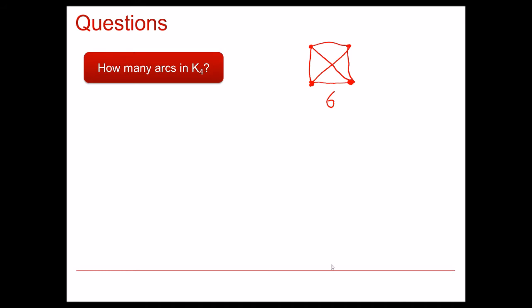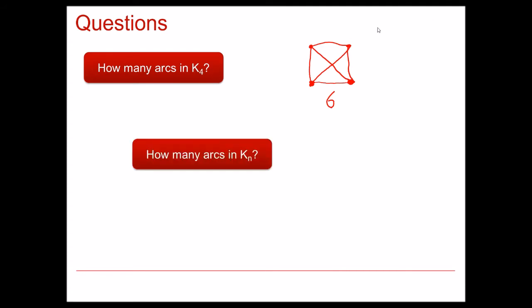What I want you to think about in a moment then is, what if we generalize this now to the graph Kn? If you have n nodes in a complete graph, how many arcs will there be? To help you think about that, think about K4 and just have a look at what's going on here. If we look at each of the nodes, each node has got 3 arcs coming off it.